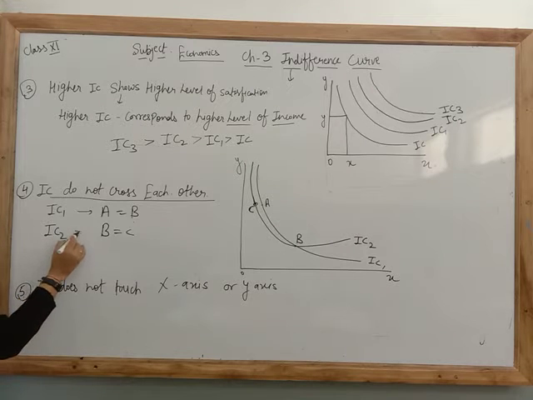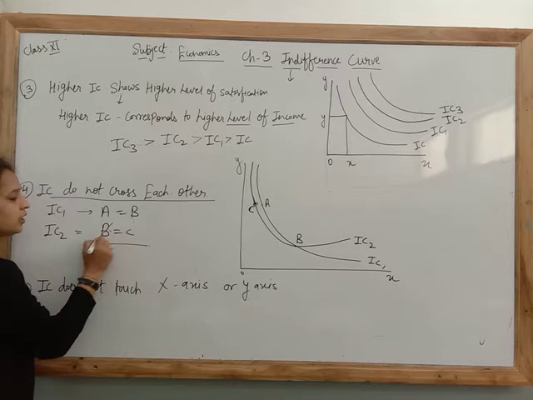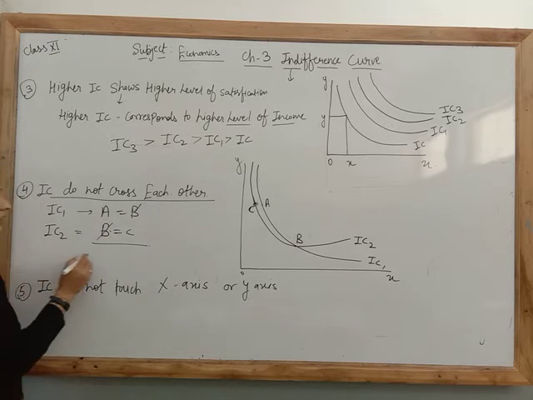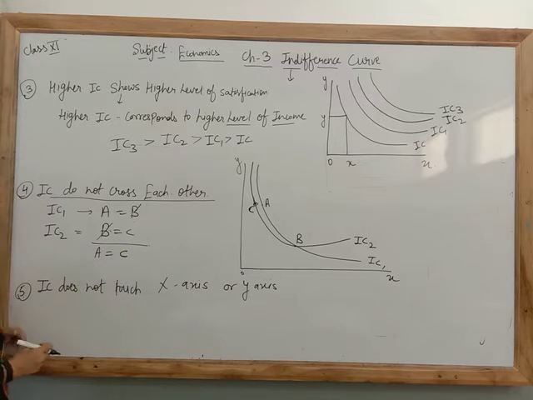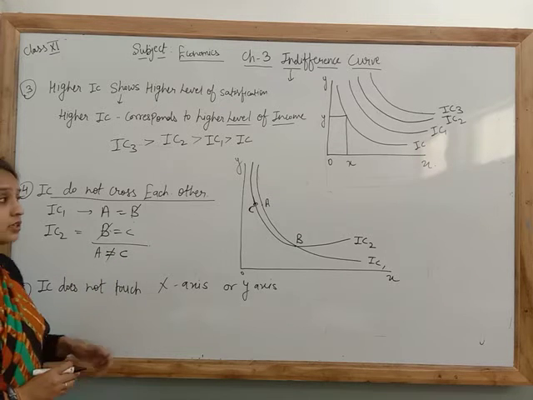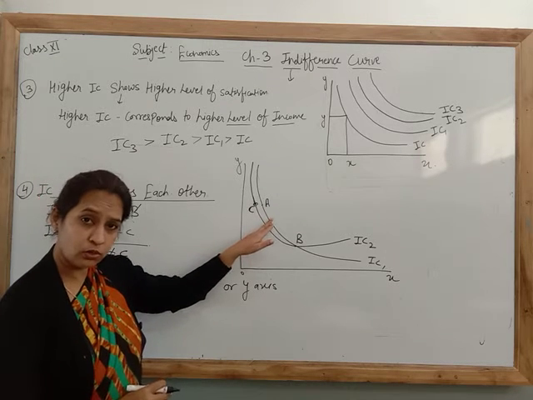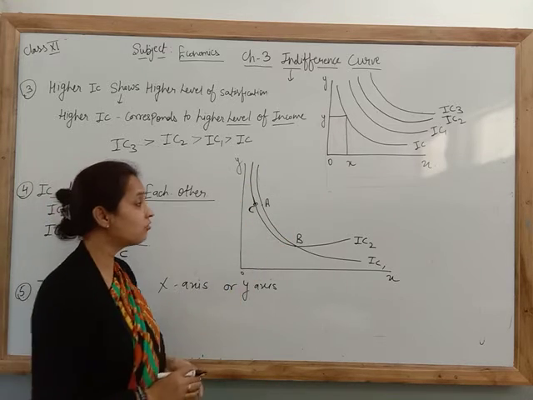If we are going to solve the equation, look at there, B should be cancelled. So A is equal to C. A should be equal to C. But do you think in IC1 and IC2 A is equal to C? No. Higher the IC offers him a higher level of satisfaction.